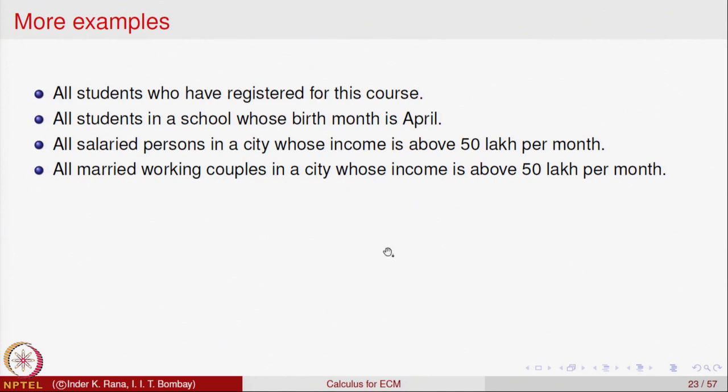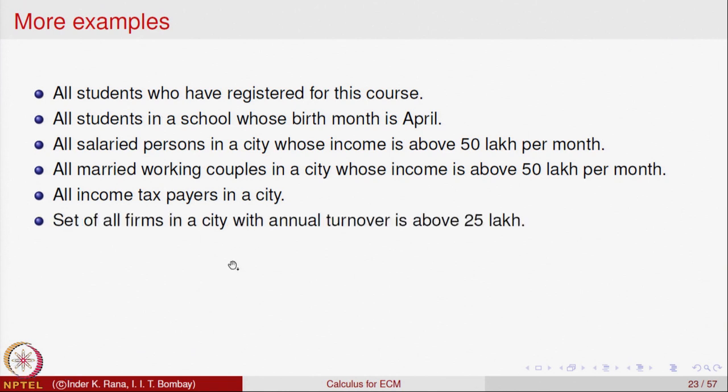All married working couples in a city whose income is above 50 lakh. So, that also seems to be a well defined collection. All income tax payers in the city. Probably we will classify those who file their income tax returns as income tax payers, so it is a very well defined collection. Set of firms in a city whose annual turnover is above 25 lakh.